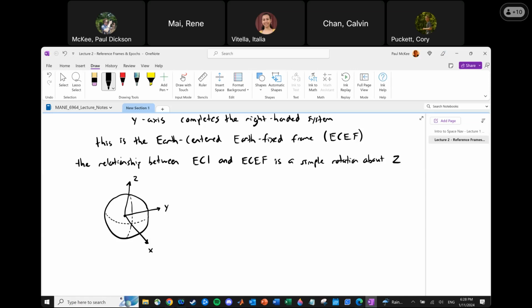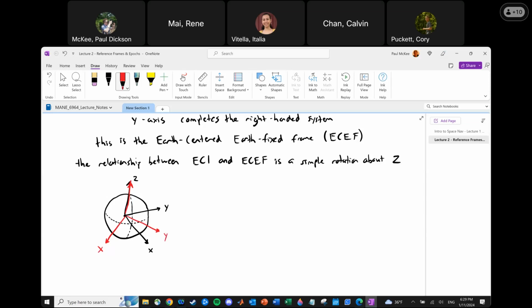But then we could also say that there is some other frame, and I'll use red for this. And there's some other frame where Z is the same way, and it's got some direction here and some direction here, where this is the X frame and this is the Y frame.